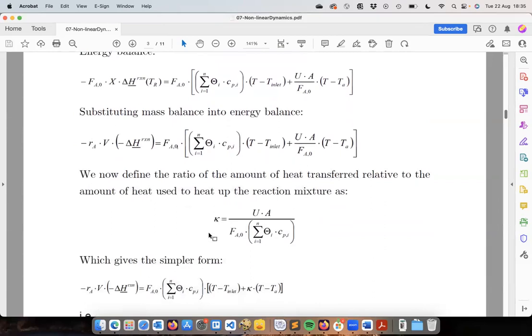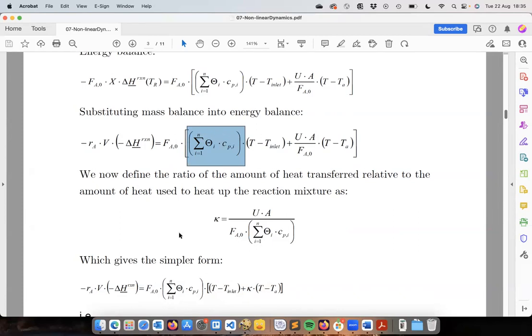And then we also introduce this definition. So we just create a variable kappa, which is UA over FA naught sum theta I CPI. And if you look at this expression, let's say we just extract this sum over CPI as a factor from the square brackets here.